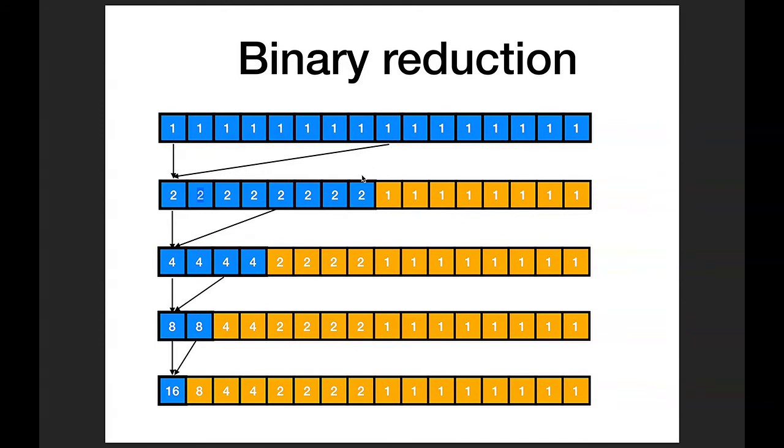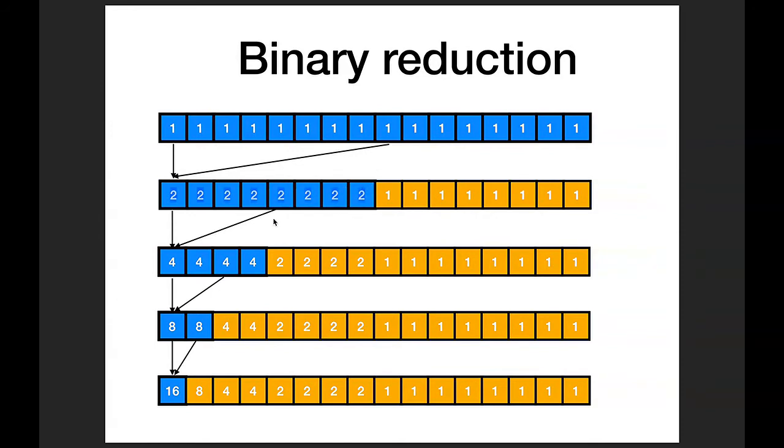Notice that these elements in blue are the elements that are being modified. Each element is modified by only one thread, which means that we don't have any race conditions. There's only one thread modifying each element. And here, again, we have a synchronization step, because we have to be sure that all of these entries have been fully computed before we proceed.